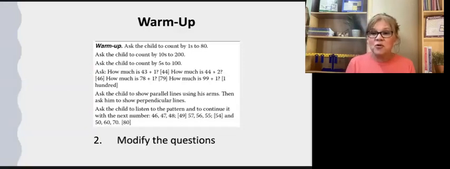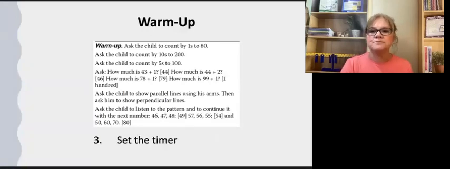The child's going to say 4. And then I'm going to say, what is 43 plus 1? 44. I might even ask, what is 44 plus 2? Or I might go back and say, instead of 43 plus 1, what is 53 plus 1? See how I'm changing those problems to match the needs of the child.